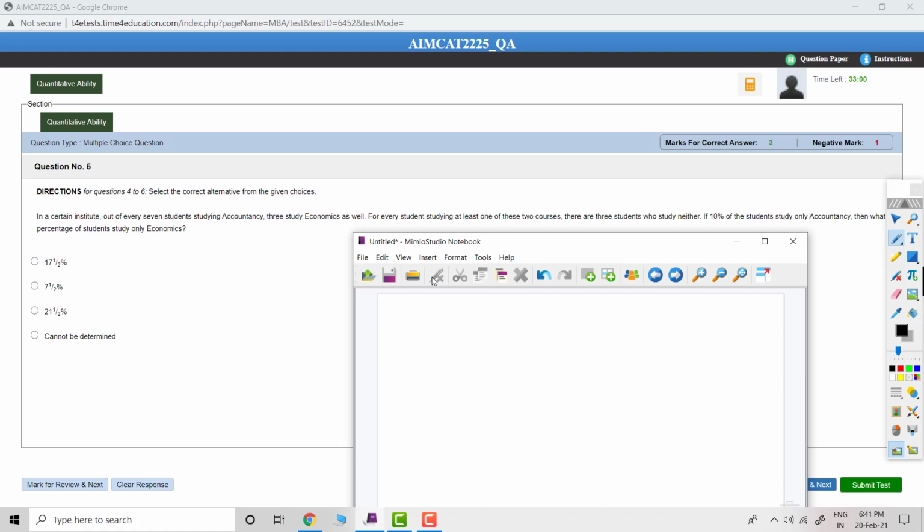Means out of those 7 students who are studying accountancy, 3 of them study accountancy and economics both. Let accountancy be A and economics be E. If there are 7 people who study accountancy, then there are 3 who study both. So the ratio of only accountancy to accountancy and economics becomes 7 minus 3, which is 4, to 3. 4 is to 3 is the ratio for only accountancy and both.